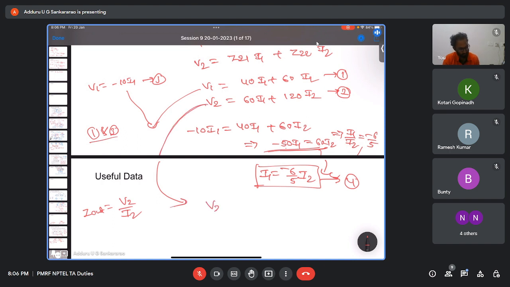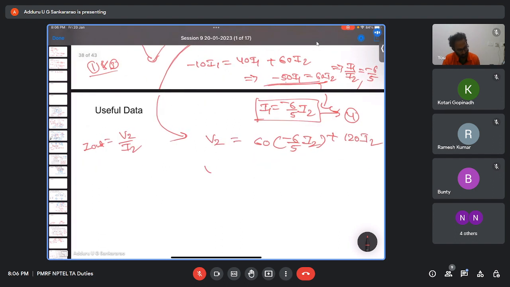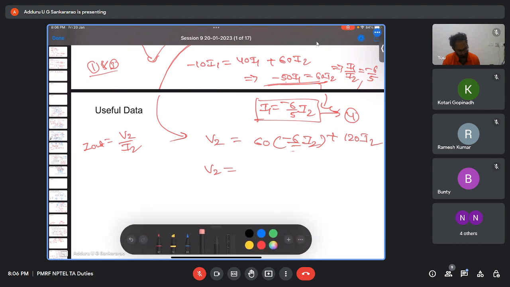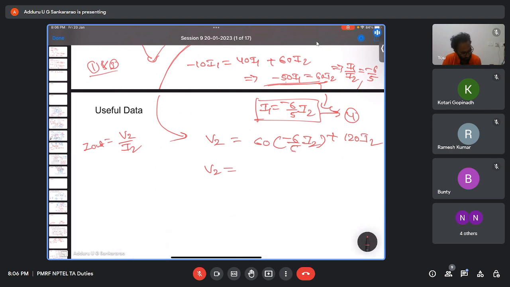So V2 equals 60 into I1, which I can replace with minus 6 by 5 into I2, plus 120 I2. So V2 equals, this is 5, so minus 72 I2 plus 120 I2.